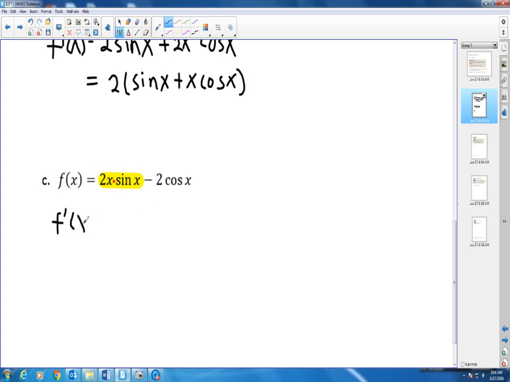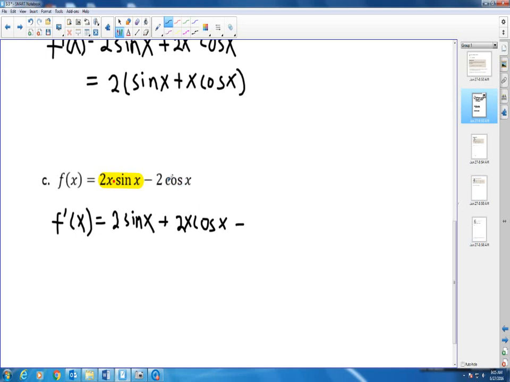So my derivative of the first is 2 times the second, sine x, plus the derivative of the second, which is cosine x, times the first. Alright, so that's the derivative of this part, minus the other function.